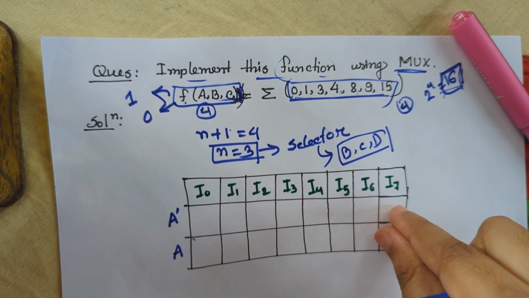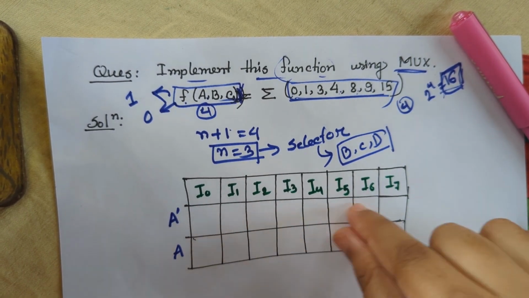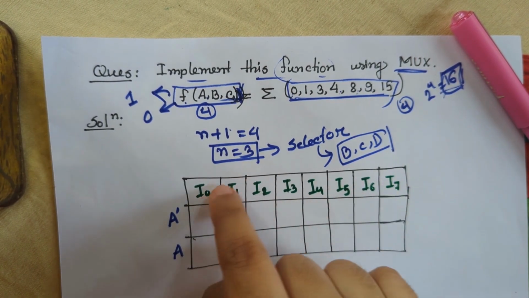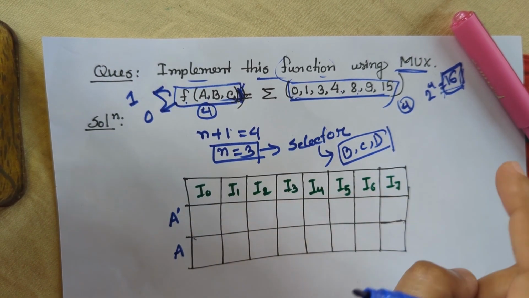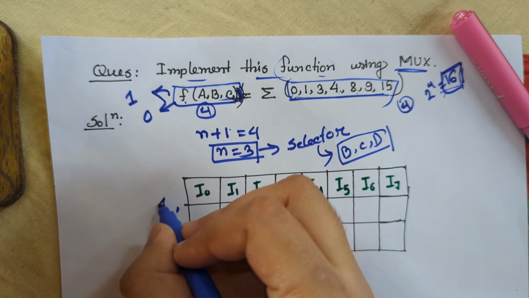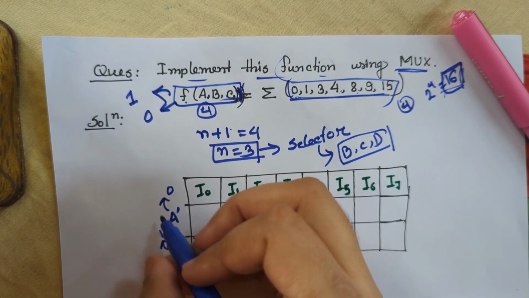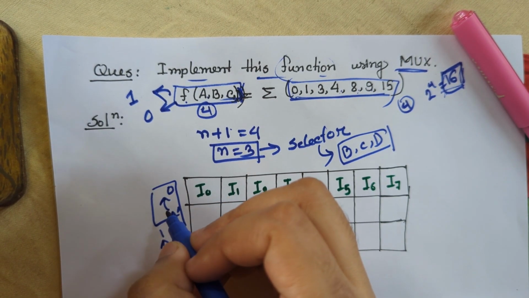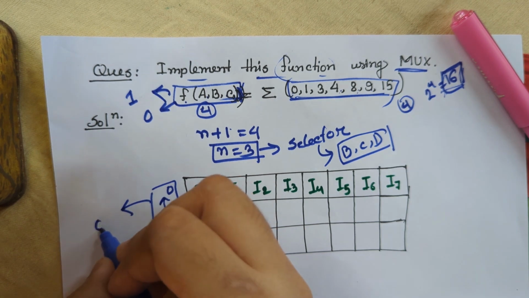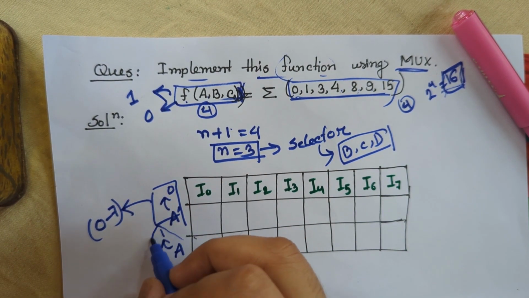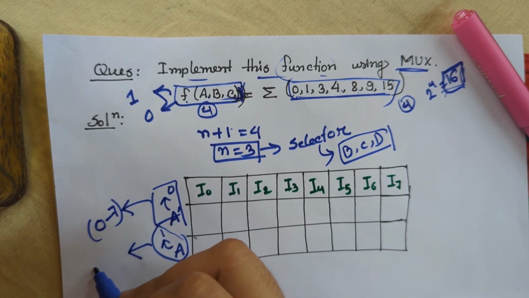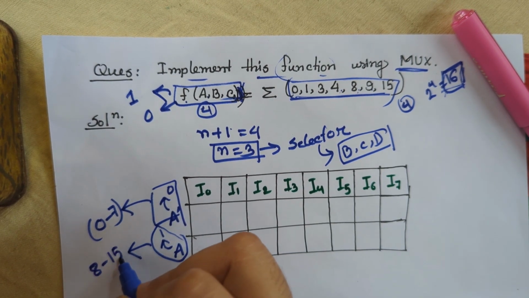As we have said, the total combinations can be 16, so we have written 16 codes in our table, and these combinations can be in these forms: I0, I1, I2, I3, I4, up to I7. For A prime equals 0, the minterms will be 0 to 7, and for A equals 1, the minterms will be 8 to 15.